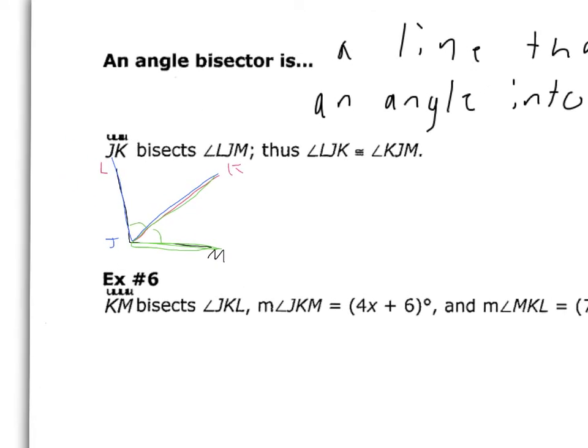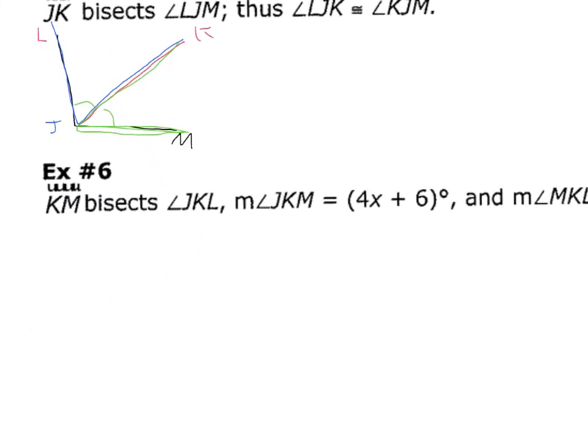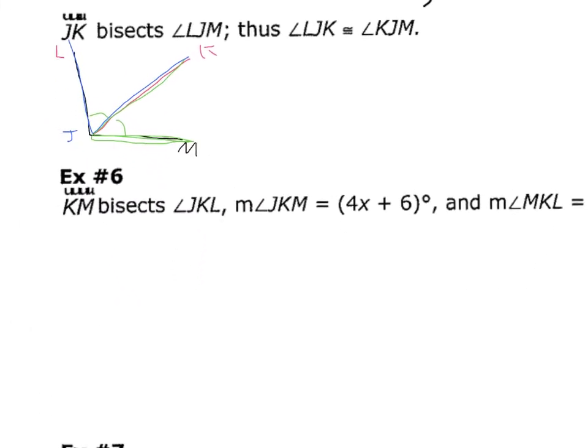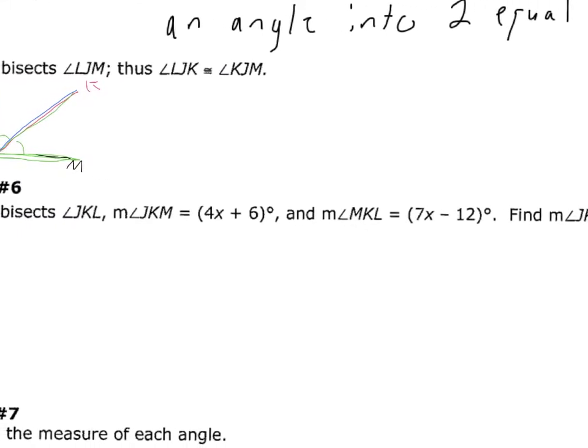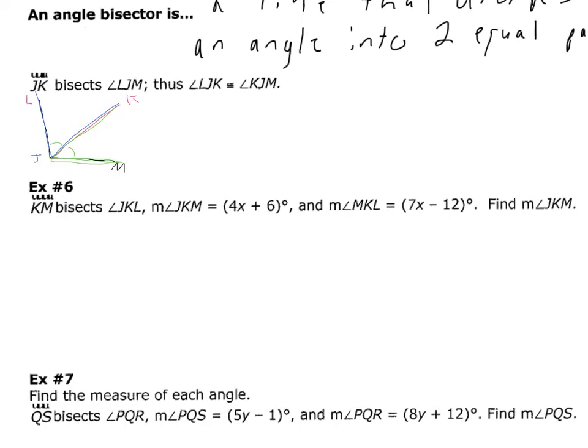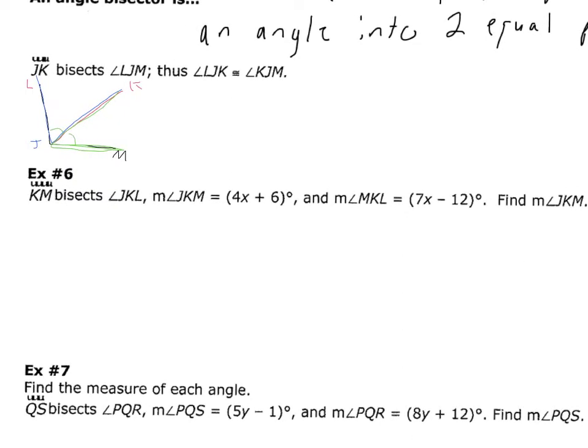Okay, so it's going to give you some information in some of these problems, like example number 6. We need to take that information and solve for x. Alright, so the first one says KM bisects angle JKL. Let's draw that picture out. We have JKL, and we know that KM bisects it.